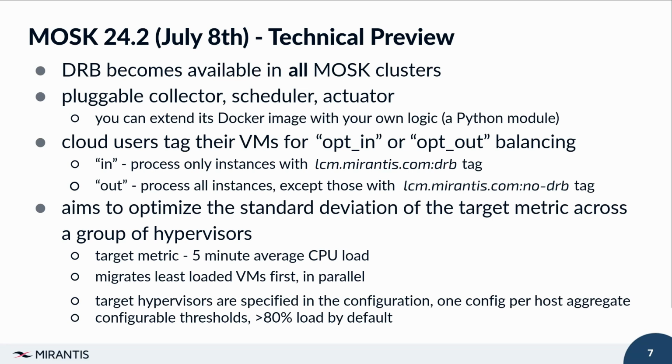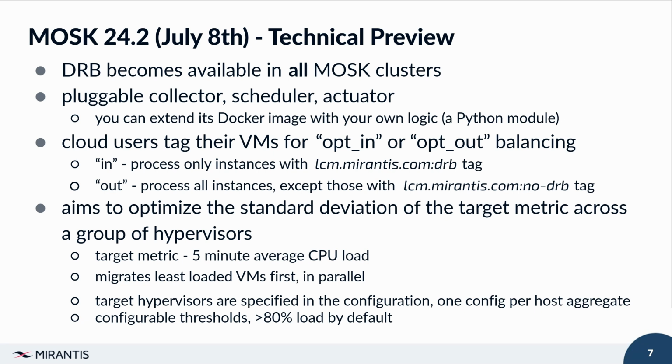And you can specify the subset of the hypervisors that you want DRB to optimize. This is possible through the configuration. You can create multiple configurations, one for each host aggregate, for example, for a group of nodes. It's really up to you as an operator to decide how you want it.